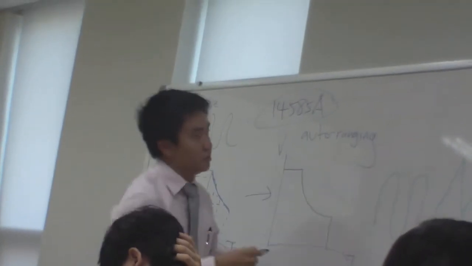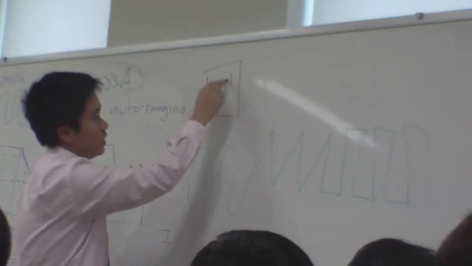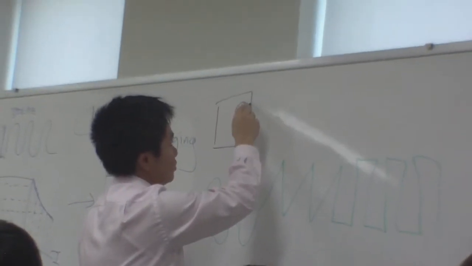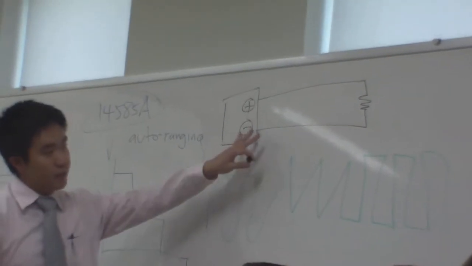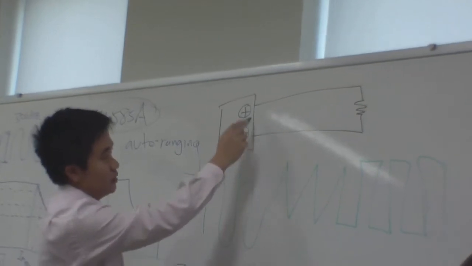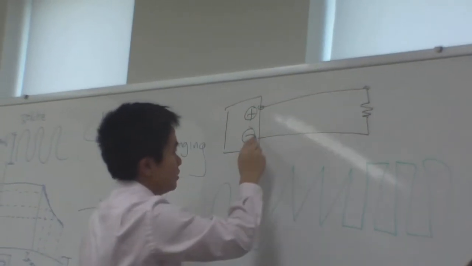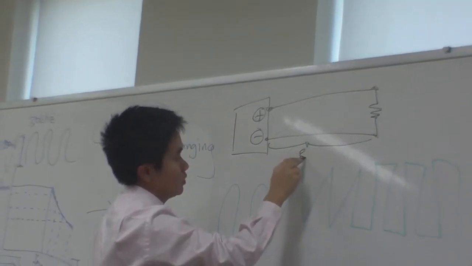So for example, this is the power supply. You have the plus, you have the minus, and this is going to, let's say, a resistor. What happens is that these leads from here to here have a certain resistance.